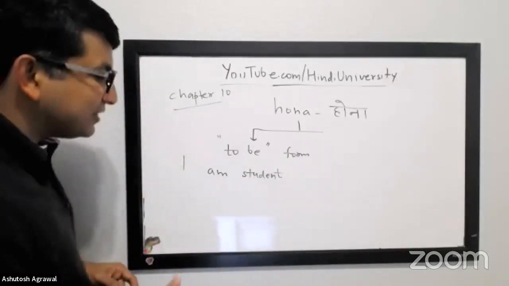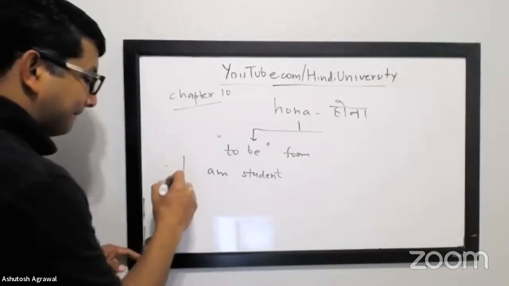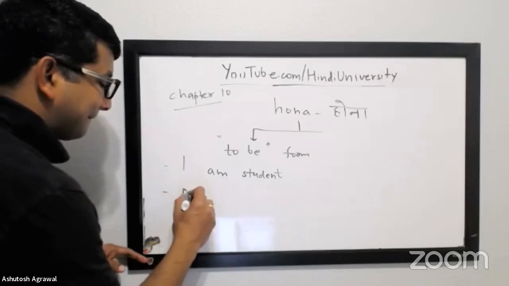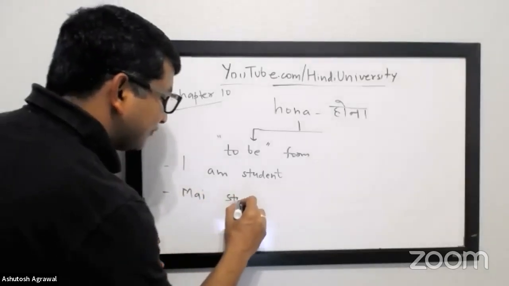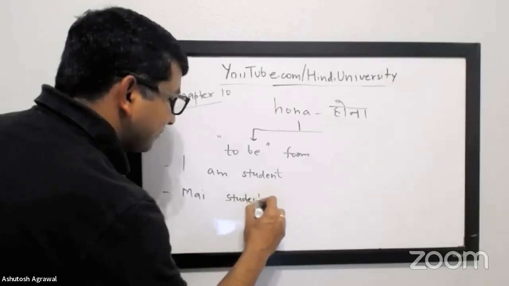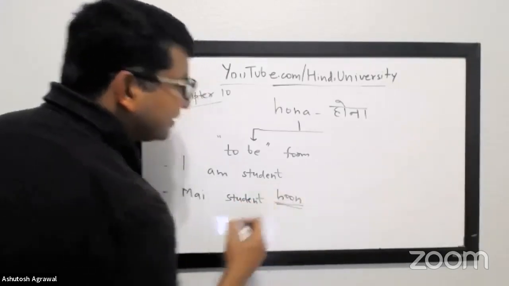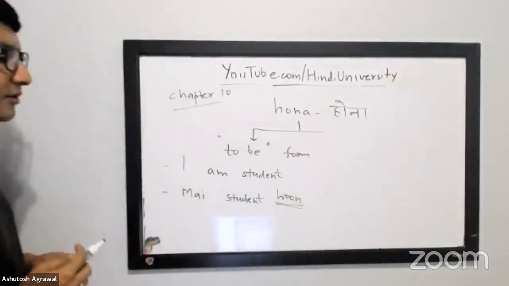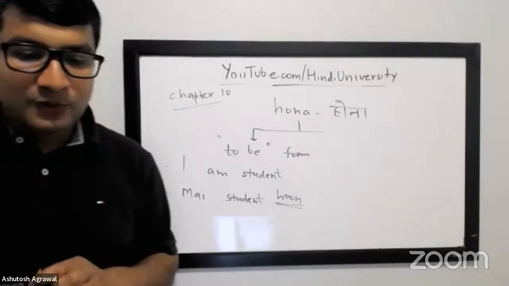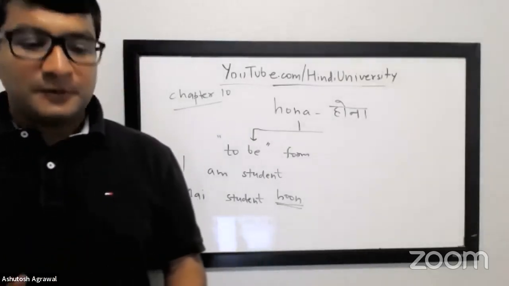How will you say it, Jackie ji? मैं छात्र हूँ. Very good. Or if you don't know the word, you can say मैं student हूँ. All of a sudden this हूँ is being used, which is nothing but Hona written for मैं. There it is used as a to be form of the verb.